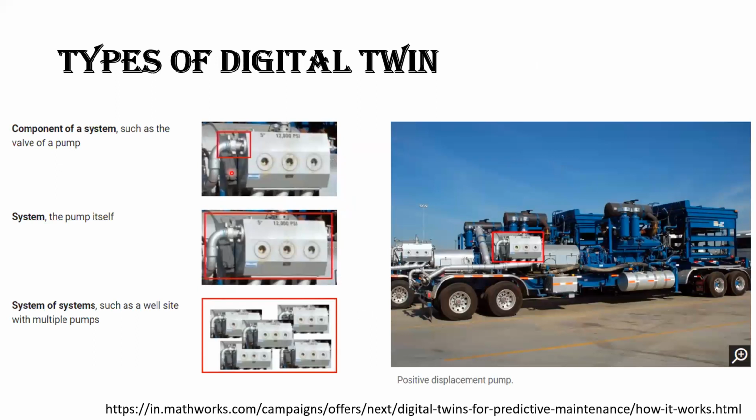It can be as small as the smallest pump, one sensor, or one small component of a system. It can be a complete system, and it can be a system of systems. So these are different types of digital twin, and we have different levels of digital twin as we talk about going forward.